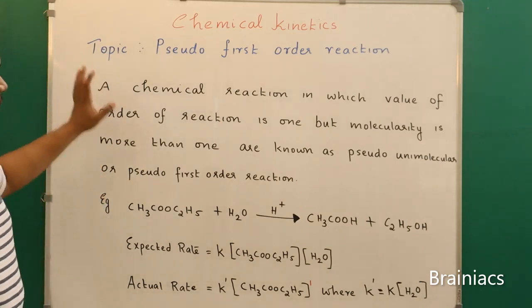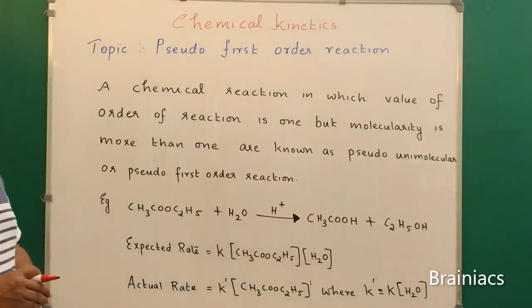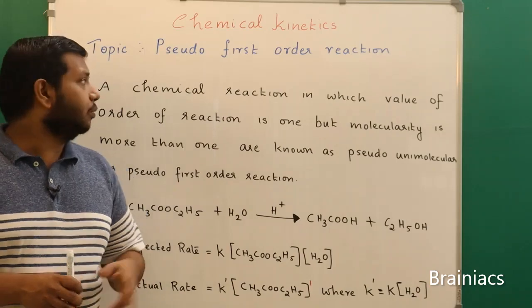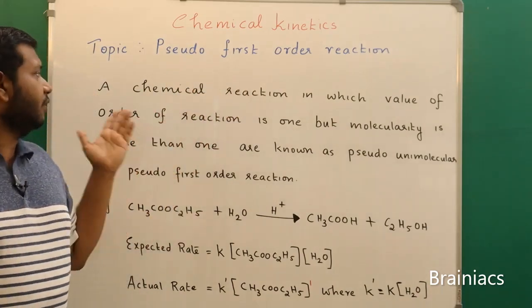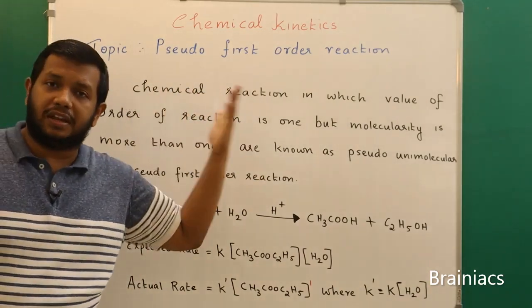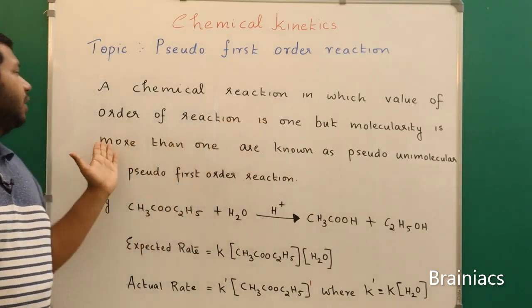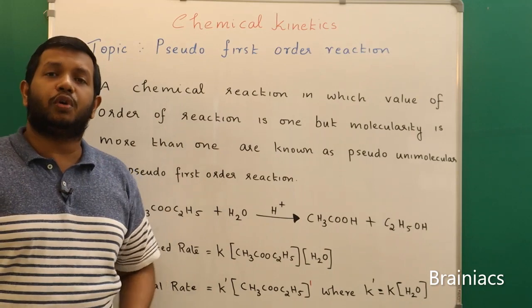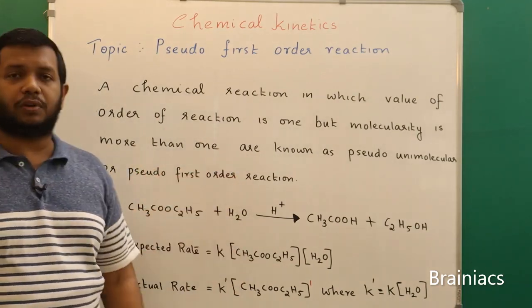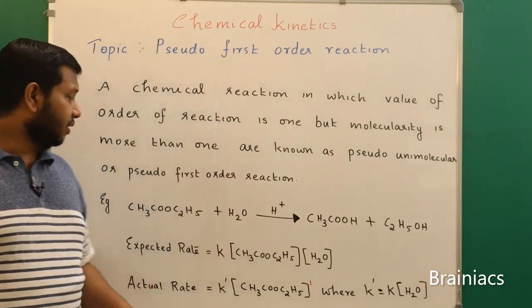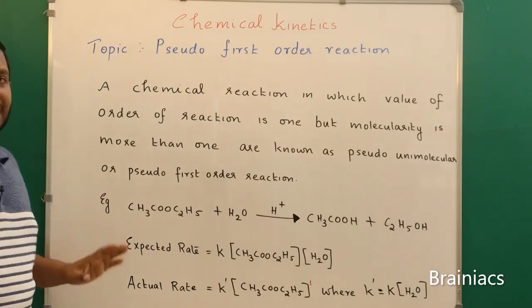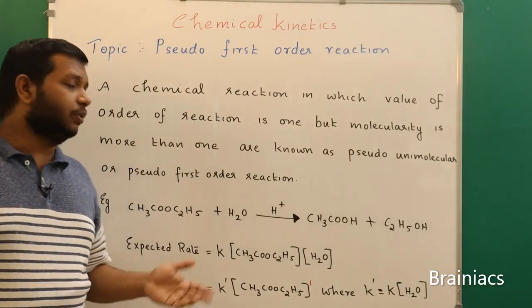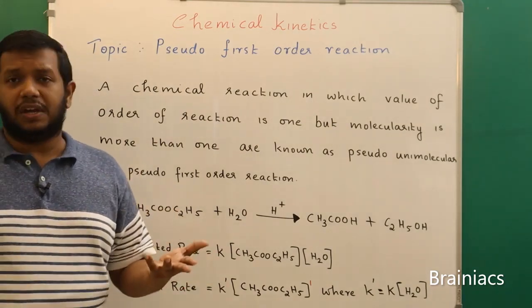Okay, I hope it is very clear for you. Very simple. So we can say a chemical reaction in which the value of the order of the reaction is 1, but the molecularity is more than 1, such types of reactions are called pseudo unimolecular or pseudo first order reactions. Many examples are there. So the very fundamental example, if you write in descriptive exams also, you can write this one: hydrolysis of ester.